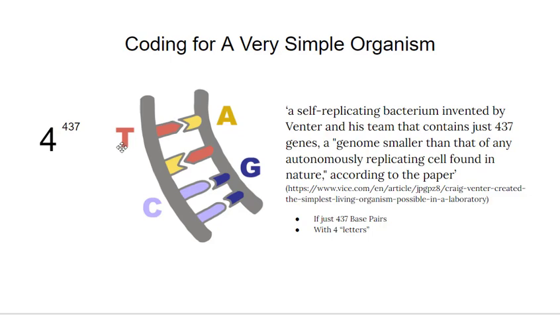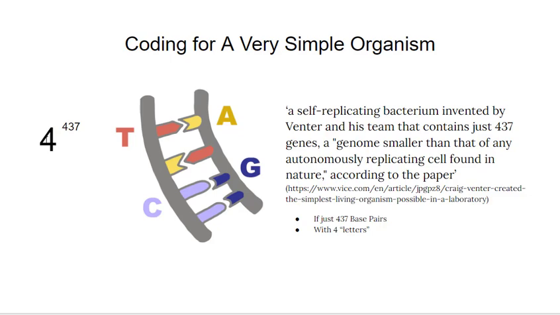you'd have to get the first base pair right, so that's 1/4, and then you'd have to get the next base pair correct, so that'd be 1/4 times 1/4. You would have to get 1 over 4 to the 437th power.